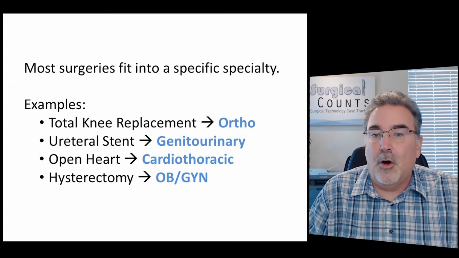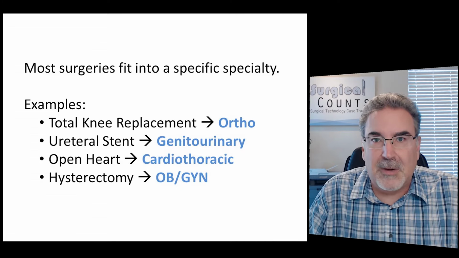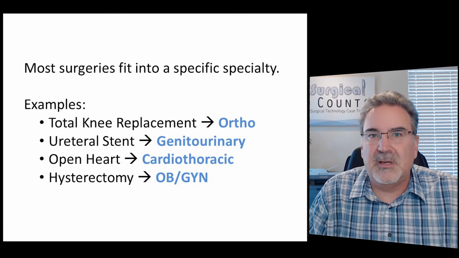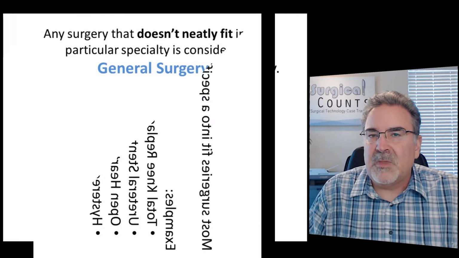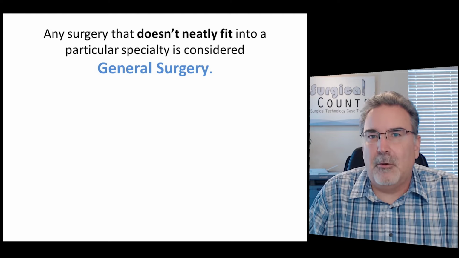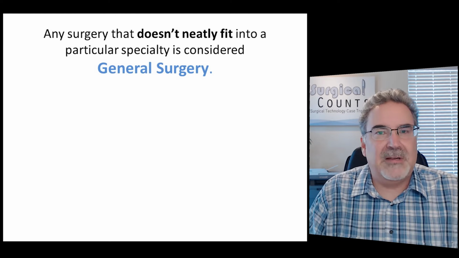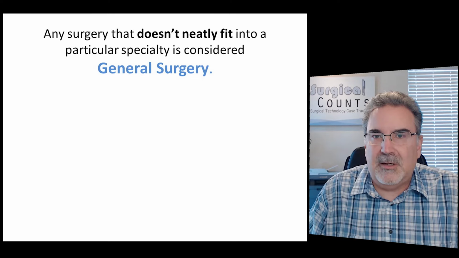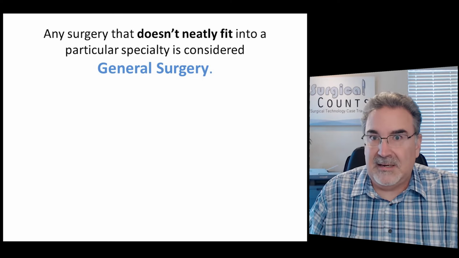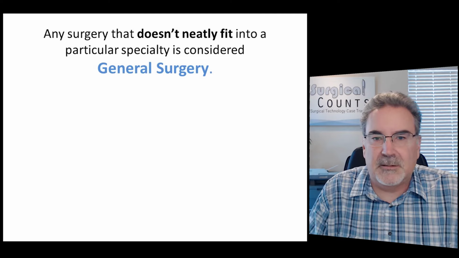Open heart would be done by a cardiothoracic surgeon. Hysterectomies would be done by an OB/GYN surgeon. All these specialties formed, and then anything that was left over is what was left in general surgery. So general surgery nowadays is basically anything that doesn't fit neatly into any particular specialty.